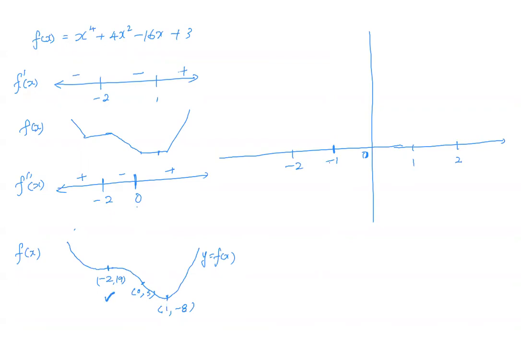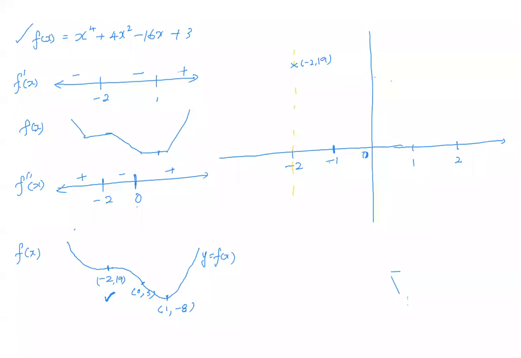There are a few important points that you have to put down. I'm going to sketch my f(x) graph using blue. So here, -2. I make a dotted line to help me after I rub off. So I mark down -2, 19 up here.